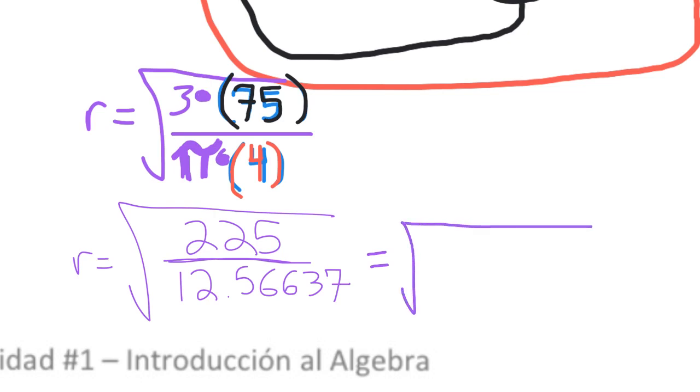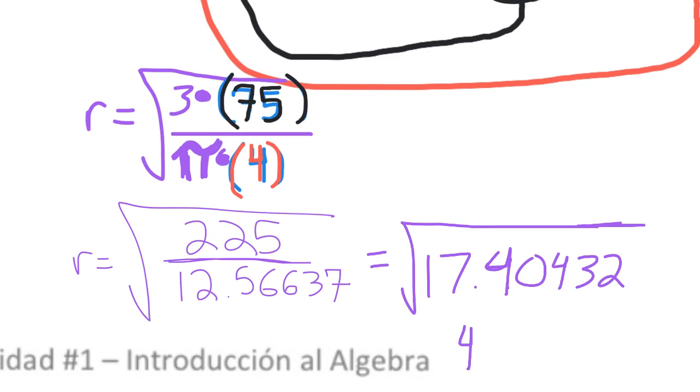So give the square root, and 17.904932. Now we're going to take the square root and that should be 4.2314219.